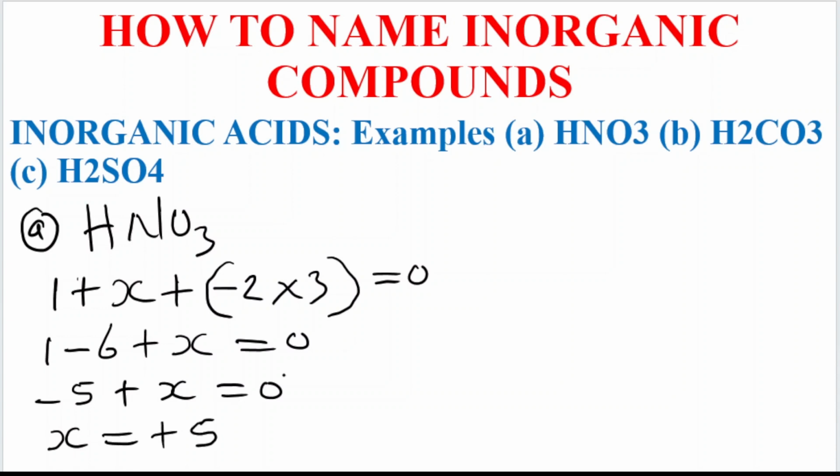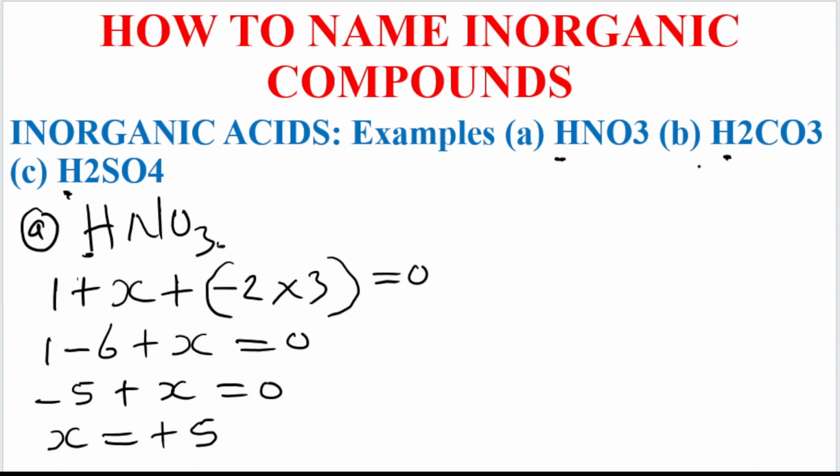Okay, so how can we name an acid now? Remember, the first one we started from the front to the back, but now we are going to name an acid. Most compounds that have hydrogen attached to them are acids. Most, I didn't say all of them, that means there are exceptions. But in this case, these are inorganic acids.